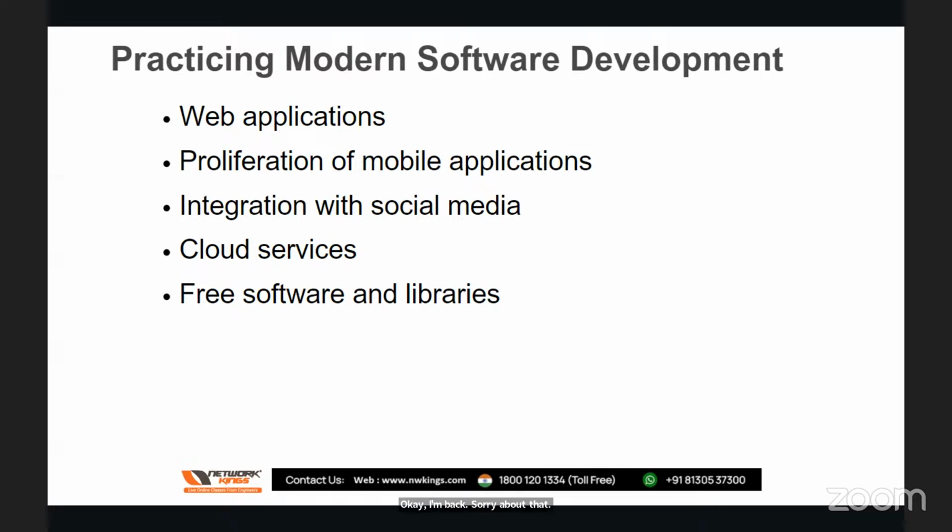So yes, as we were talking before, we were talking about different applications and integrating this with social media, etc. And this integration with social media really helps us to showcase our talent. It helps you to share the data that you have with your peers.